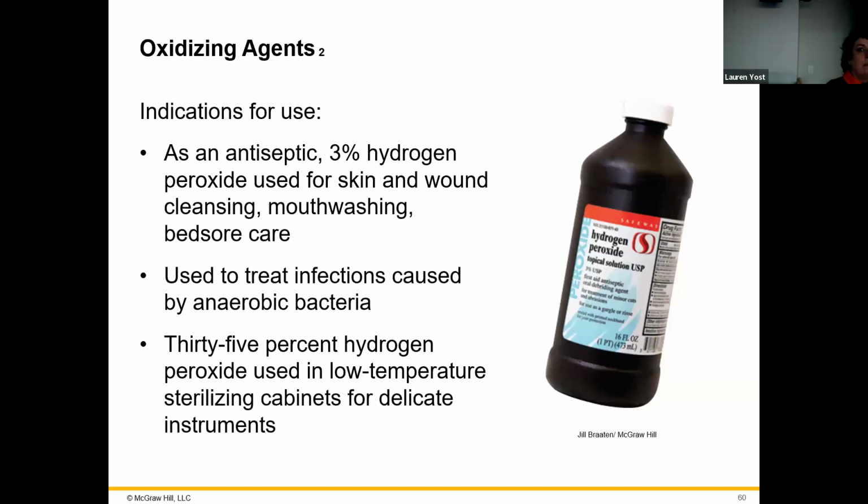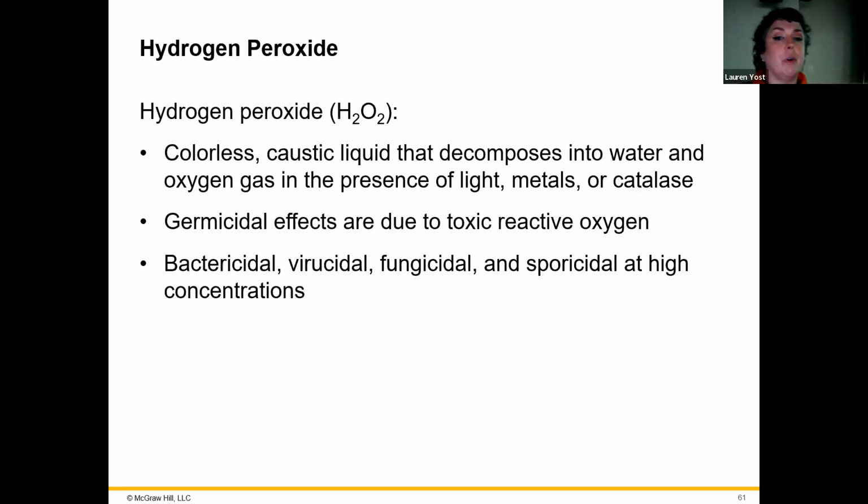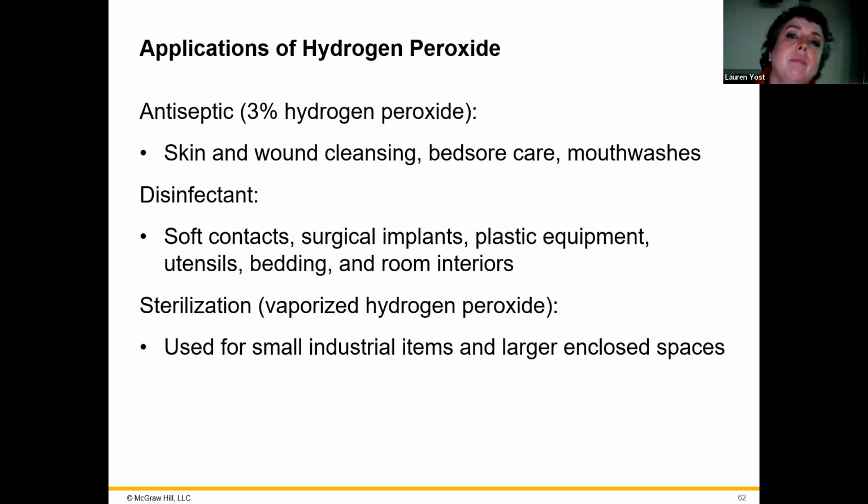It's like the autoclave, but with chemicals, chemiclave. So hydrogen peroxide, again, makes toxic free radicals that will basically assault other molecules in the body, steal electrons and things like that, and interact with those molecules. So it can be sterilizing at high enough concentrations, but otherwise it's a disinfectant.